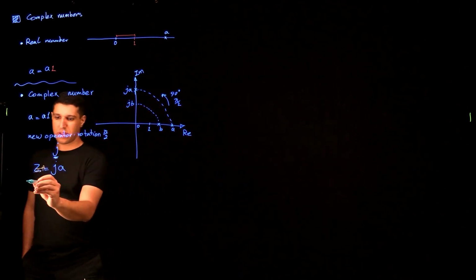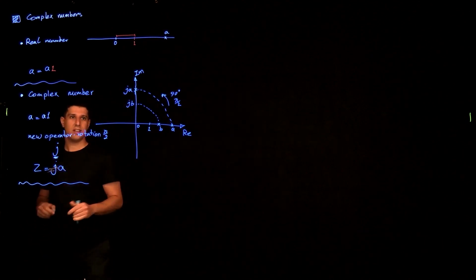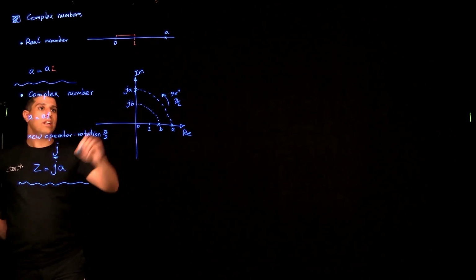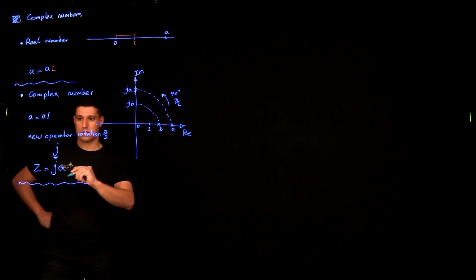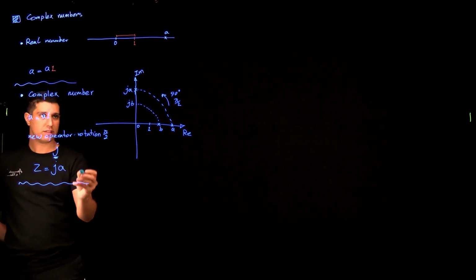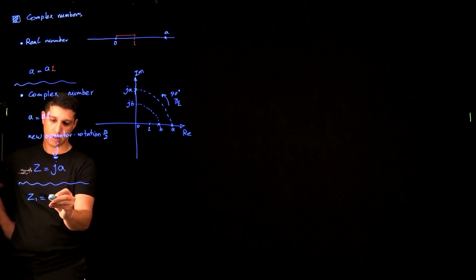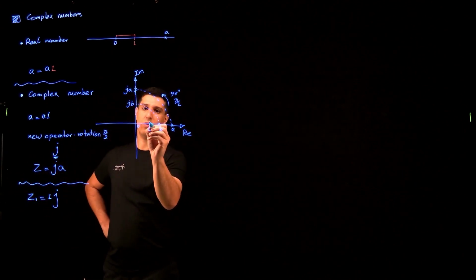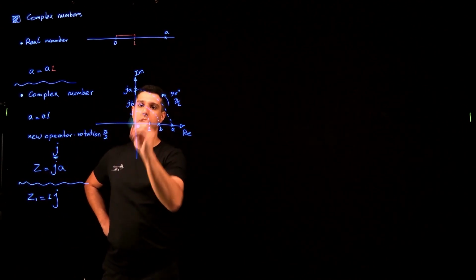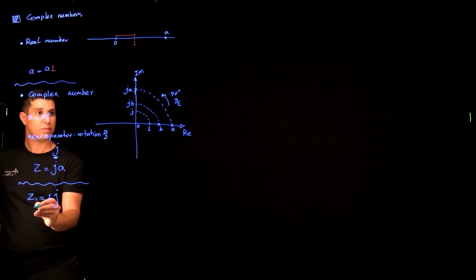Let's look at something funny. We can take any number and multiply it by J, it rotates it 90 degrees. So what happens if we take my first number, Z1 equals 1J, or simply J, this is J, and rotate it again by 90 degrees.